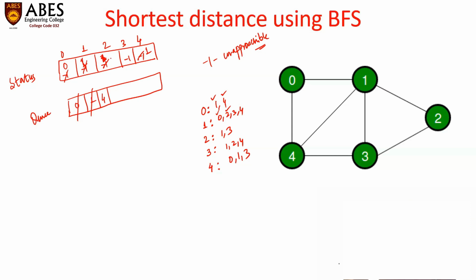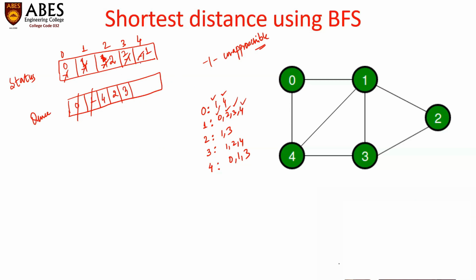So let's mark its status as 1 more than the distance of 1. It means the distance of 2 will be 2. We should push this on the queue as well. Now the next connection is 3. 3 has also not been visited earlier. So the distance of 3 should be set as 1 more than the distance of 1, because 3 is getting explored from 1. So the distance of 3 is set as 2. And this vertex will be inserted in the queue.